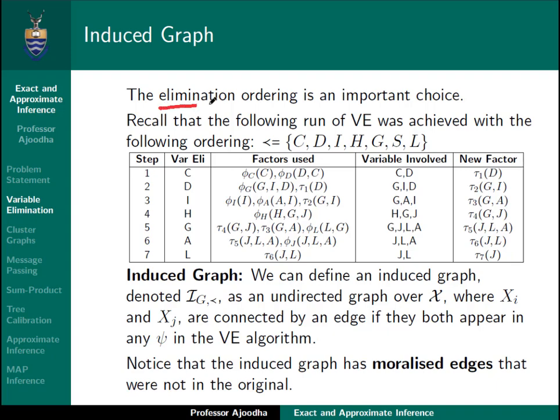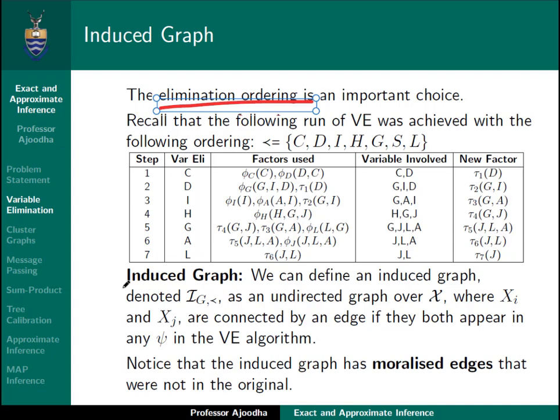Okay, so as I said, the elimination ordering plays a very important role in the run of variable elimination. So we find out that for this particular run of variable elimination, we had a specific ordering assigned to it.